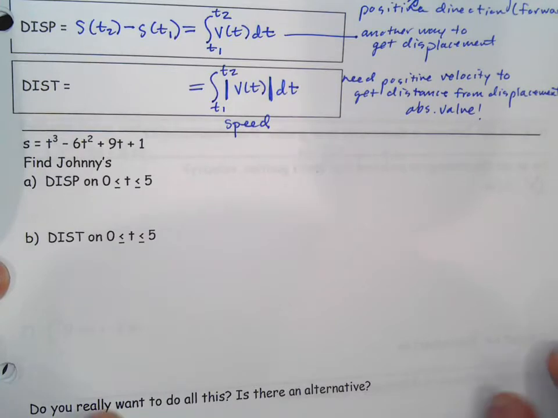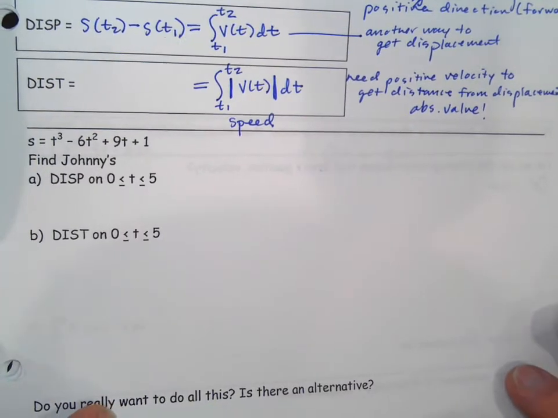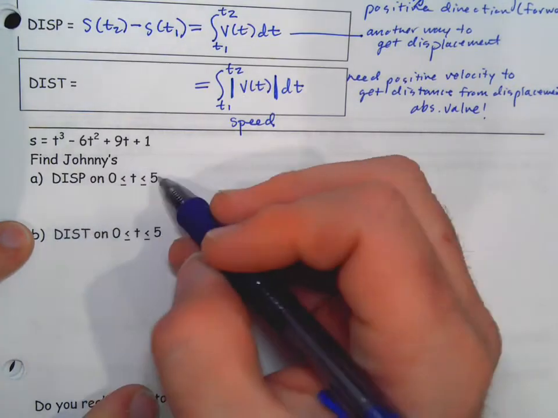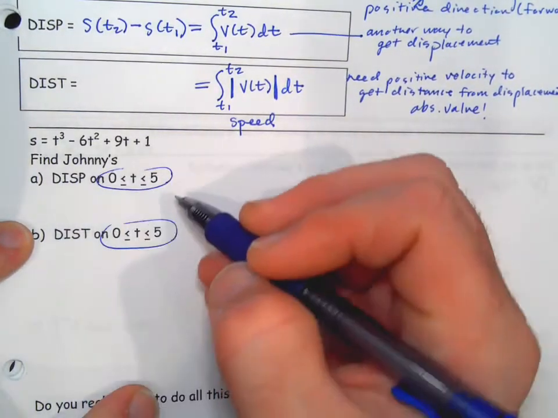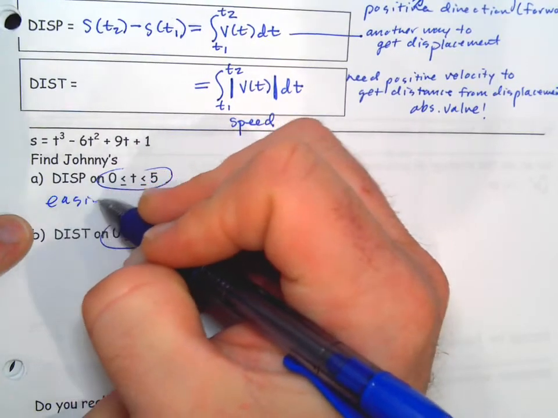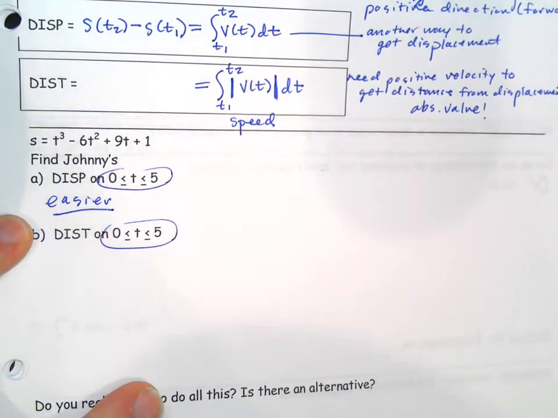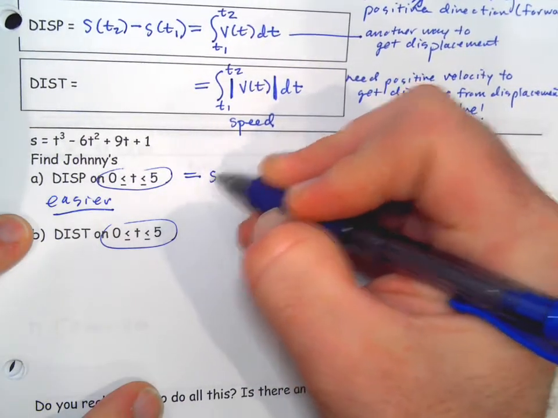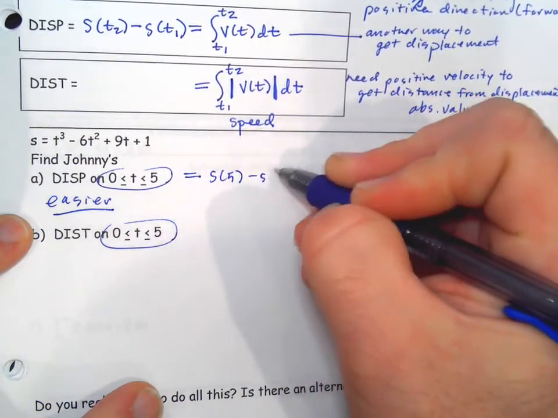So let's try some examples. So here's a position function, and we want to find Johnny's displacement from 0 to 5 and distance from 0 to 5. Now, displacement's easier for sure, way easier, because all you got to do is say S(5) minus S(0).